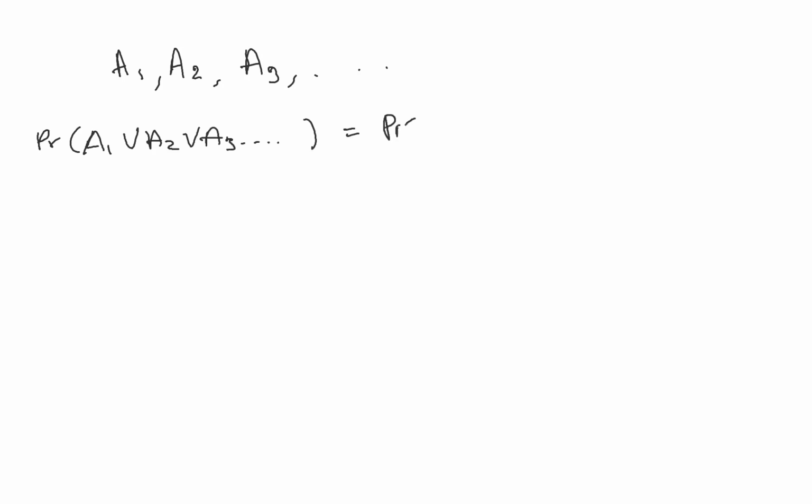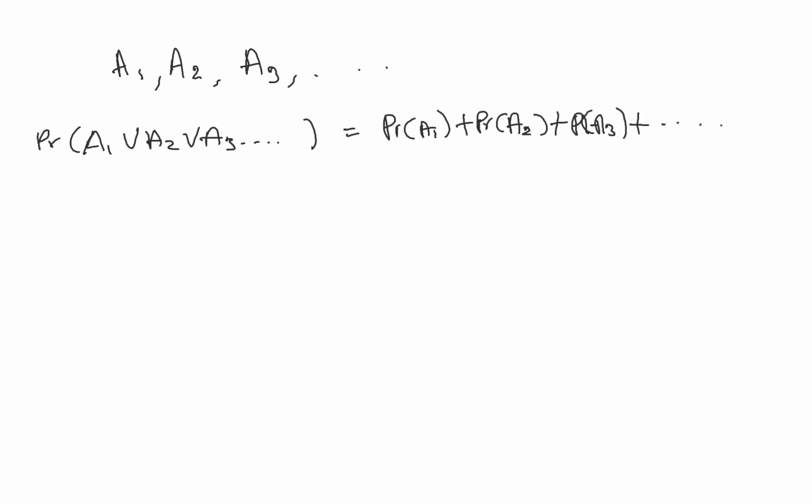If we have some disjoint events A1, A2, A3, and so on, the probability of A1 union A2 union A3 and so on is the same as the sum of their probabilities: the probability of A1 plus the probability of A2 plus the probability of A3 plus and so on.